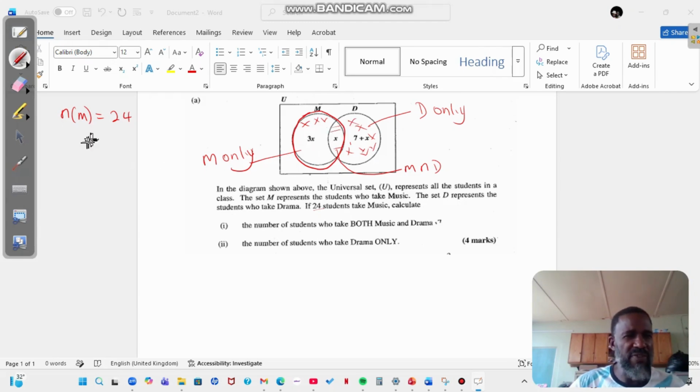So we have 3x plus x is equal to 24. Algebraically we can always add like terms, so 3x plus 1 more x gives 4x. So 4x is equal to 24.